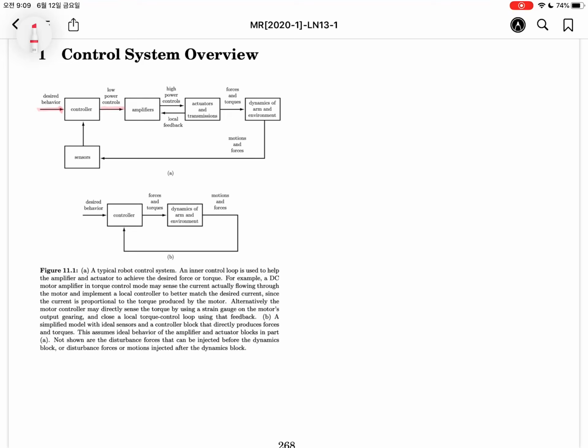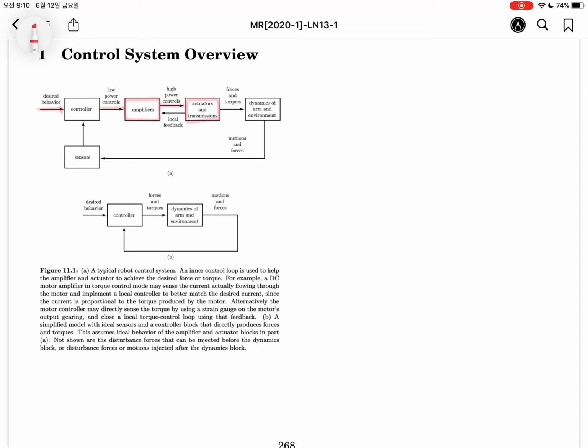Maybe it can be in the form of voltage, and in many cases, an amplifier is used to provide a big pulse. So the amplifier will generate high level power control. It can be current. And then the actuator will conduct the motion or generate force according to the command of the amplifier.